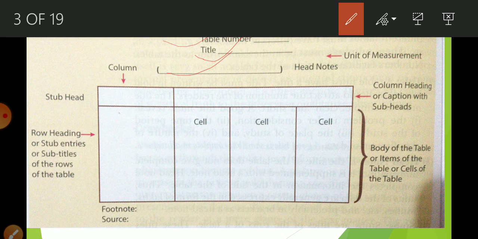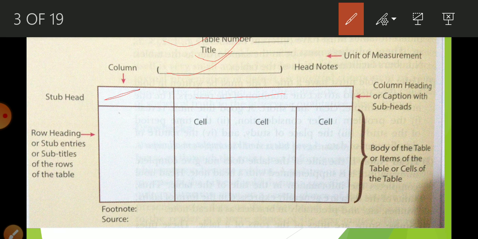If the title is not sufficient to explain all about the table, then head notes are given. Now here we will write the stub head. Stub head is the heading of the horizontal rows. Here is the caption. What is caption? Caption is the heading of the column. Column is vertical, the data that run vertically.